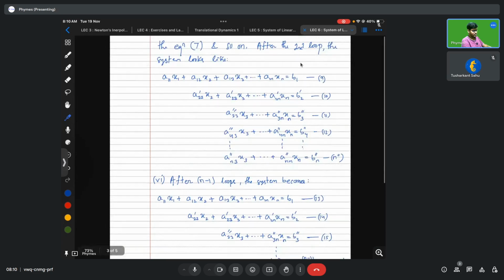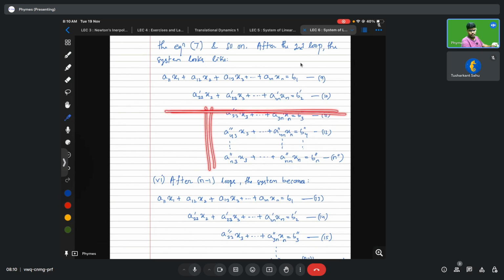Here you can see that after this second loop, all the x2 values from equation 8 will be eliminated, and now this will be the modified set of equations. Similarly, after n minus 1 loops, what will happen?